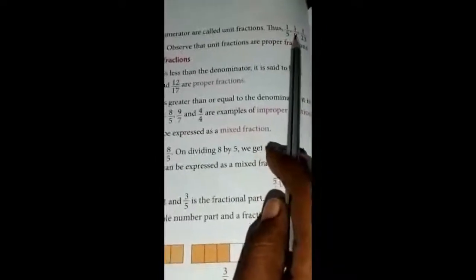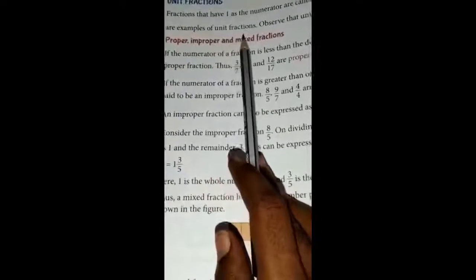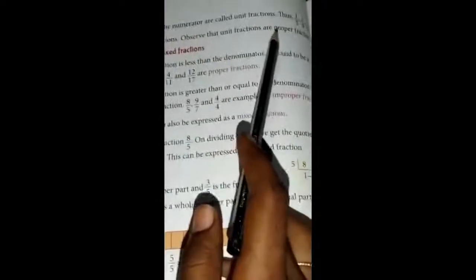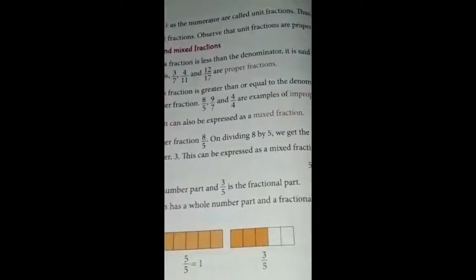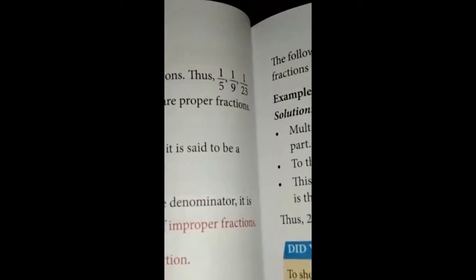Thus 1 by 5, 1 by 9, 1 by 23 are examples of unit fractions. Observe that unit fractions are proper fractions. Students, those fractions which have 1 as the numerator are called unit fractions.